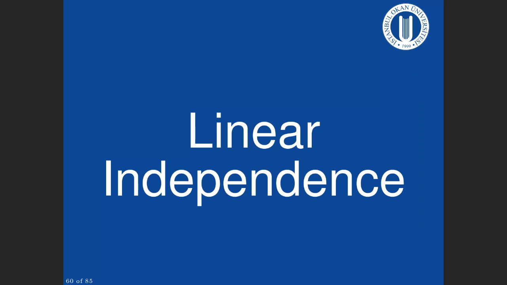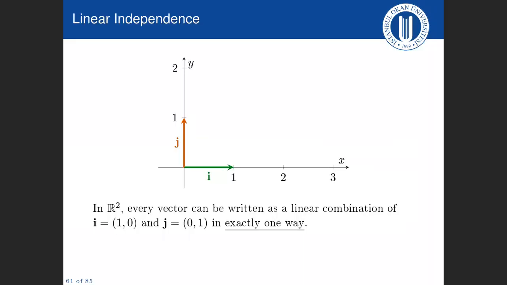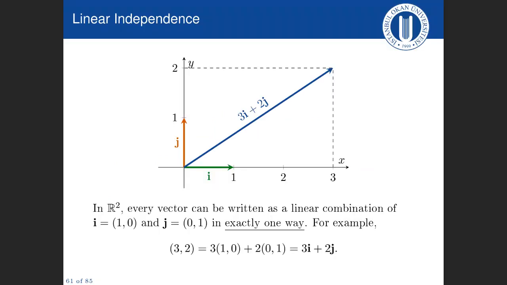Our final topic for today's lesson is the topic of linear independence. In R2, every vector can be written as a linear combination of i and j in exactly one way. For example, this vector is the vector 3i plus 2j.